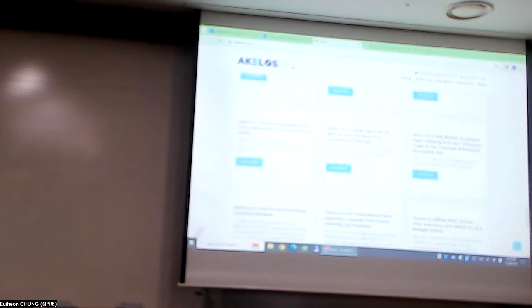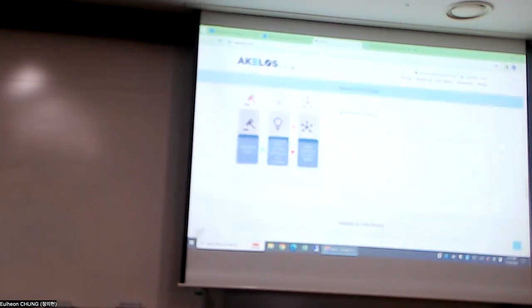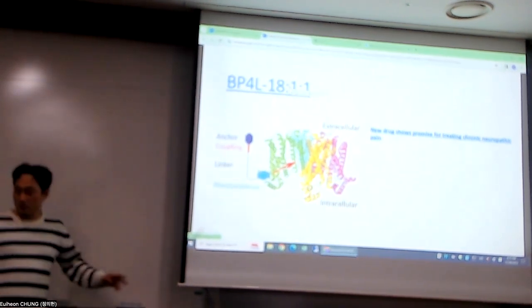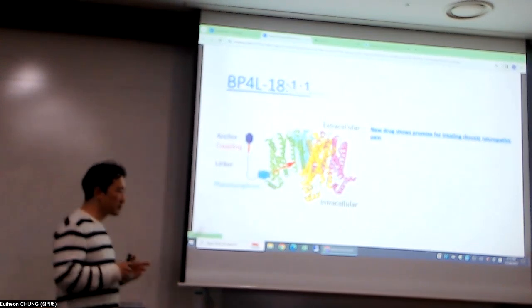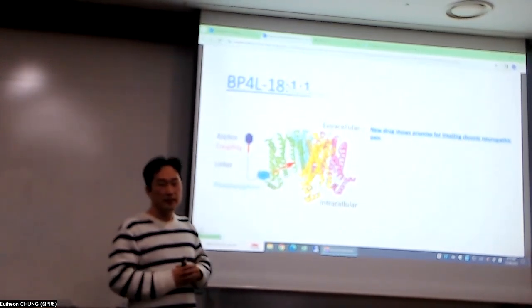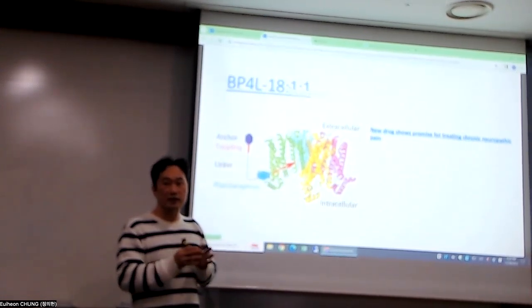Oh, 70 million. So it looks like at the moment this potential drug is the most promising candidate for an HCN drug as a neuropathic pain analgesic.